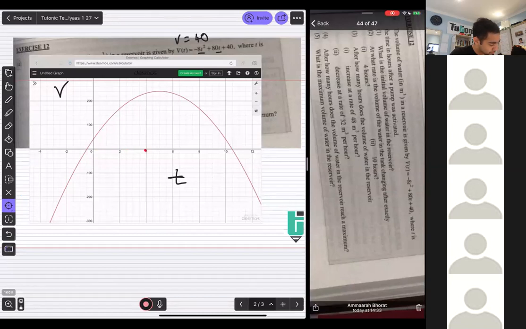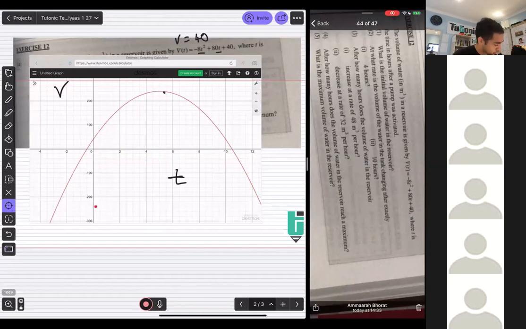Not decreasing, increasing. It's increasing, and then here it's decreasing. Do you guys see that? The y is volume.